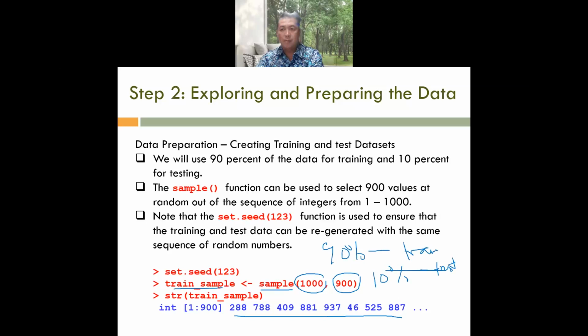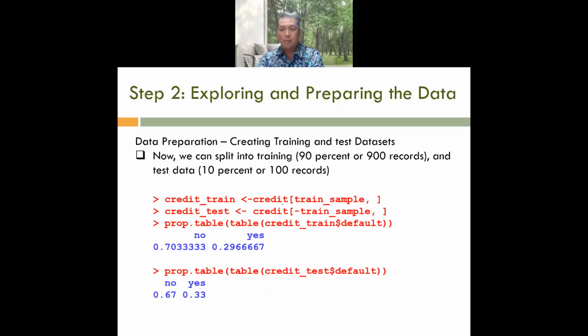Okay. So how do I divide the data into training and testing? I will get all the ID that I sampled just now and put in the credit train. And the remaining is minus, meaning that all those not included in the train sample will be included in the credit test.